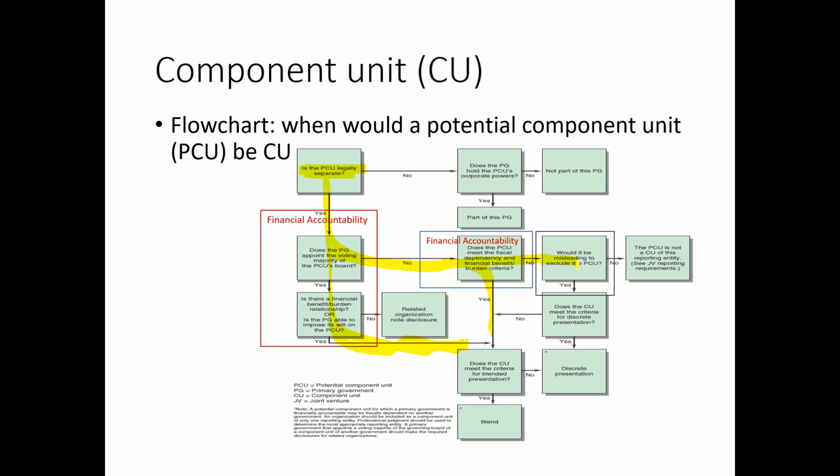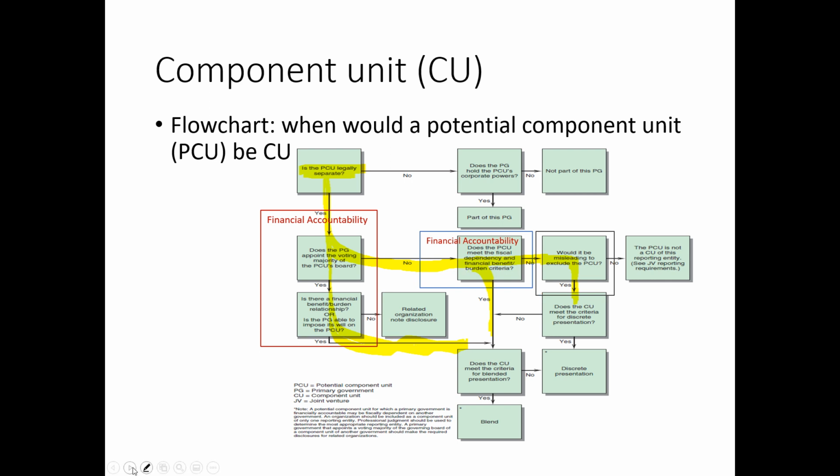If we exclude PCU, then the primary government's financial statement will be misleading. If the answer is yes, it's misleading, then okay, this unit will be component unit. So there are three routes, right, towards being a component unit.